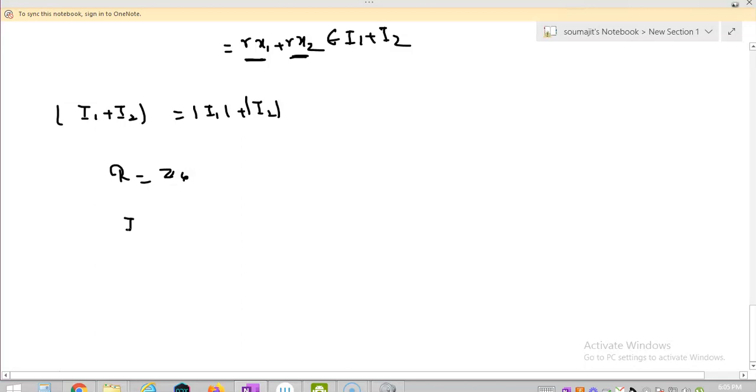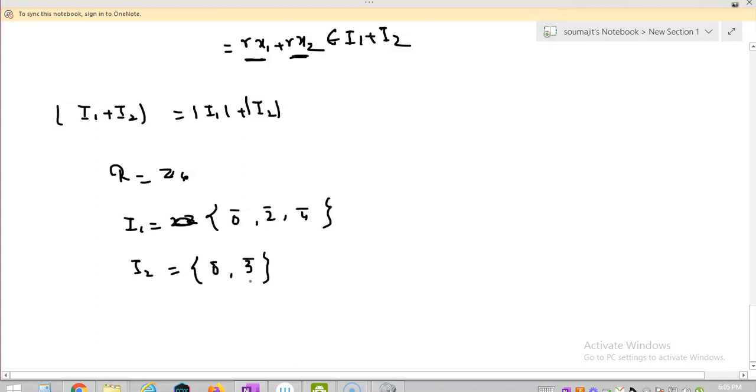I am considering I1 equal to {0 bar, 2 bar, 4 bar}. I am considering I2 equal to {0 bar, 3 bar}. Then I1 and I2 both are ideals. You can check it.